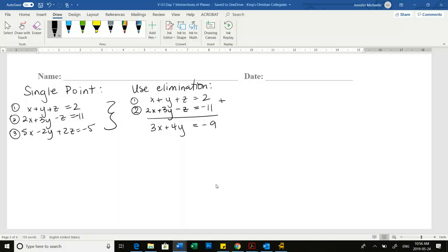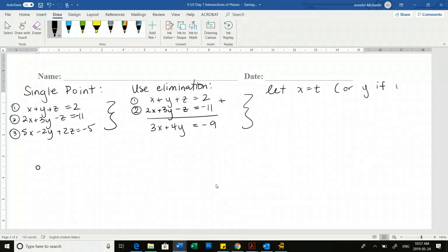Okay, and then we're going to do our little parameter thing. So we're going to let either the x or the y, one of the remaining parameters, be t. So for instance, let's say we let x be t. Okay, one or the other, that's remaining.